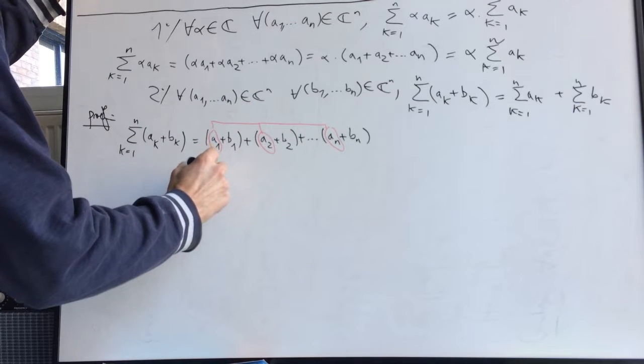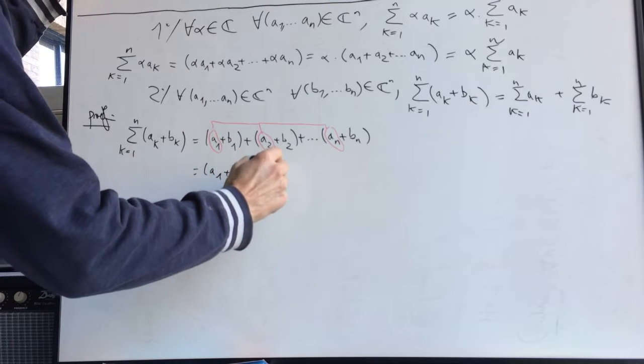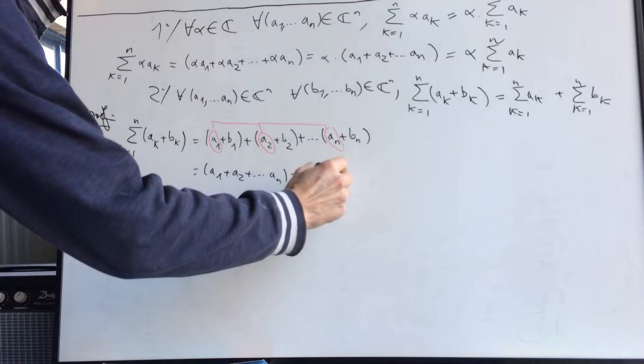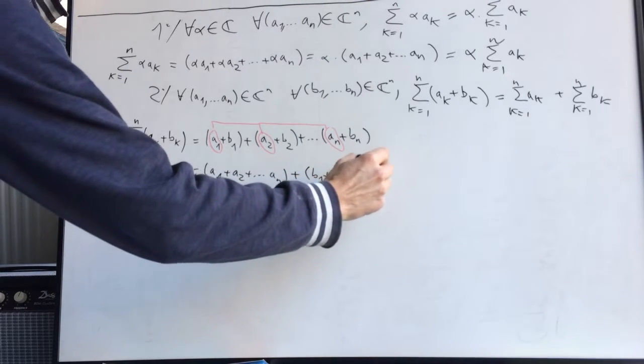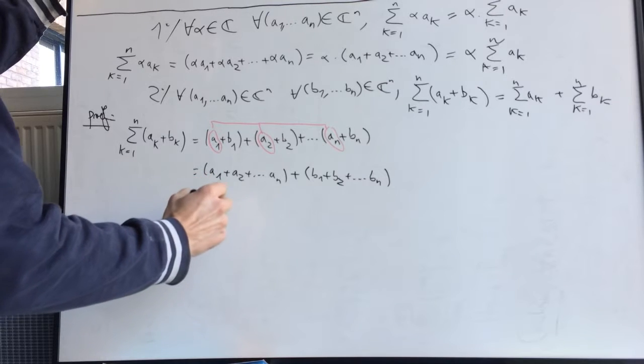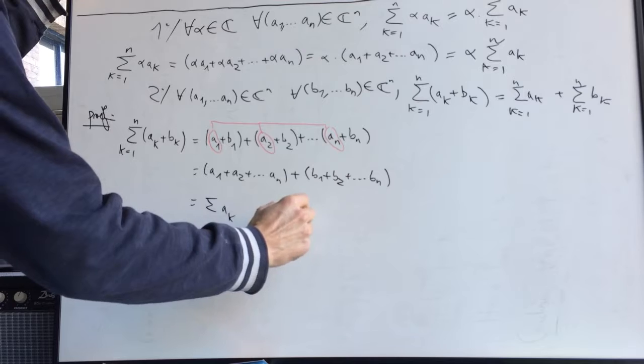I get a sub 1 plus a sub 2 plus and so on, a sub n, plus b sub 1 plus b sub 2 plus and so on, b sub n, and I get then the summation of a sub k plus the summation of b sub k.